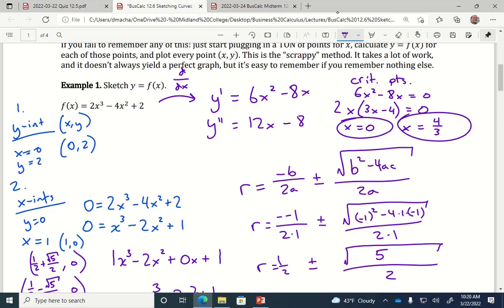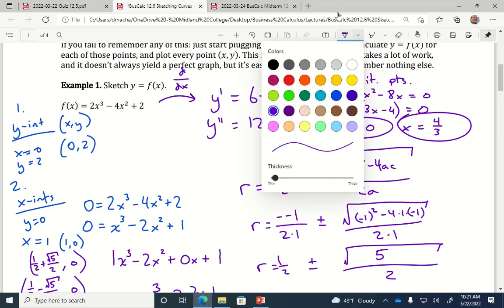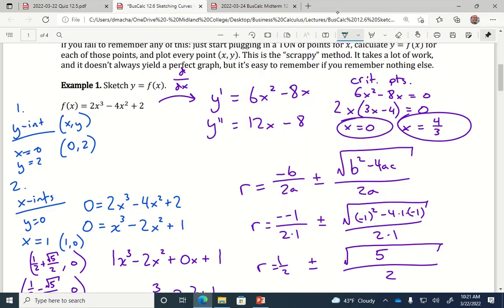Now to find out if these are minimums or maximums, I need to plug the values I got for my critical points into my y double prime, my second derivative, to figure out their concavity. So y double prime of 0 would be 12 times 0 minus 8. And then y double prime evaluated at 4/3 is going to be 12 times 4/3, which is 16, minus 8, and 16 minus 8 is positive 8.